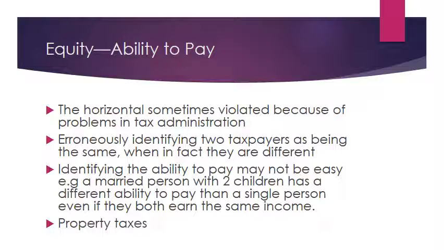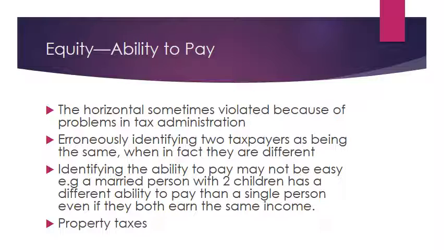Think, for example, of two taxpayers. One is married and has two children, whereas the other is single and has no children. The person who is married might have more obligations towards his family and children, and so spends a lot of his income on supporting his family, whereas the single person doesn't have as many obligations.